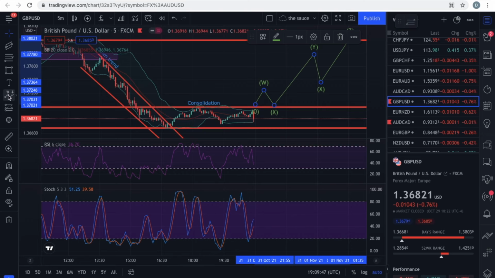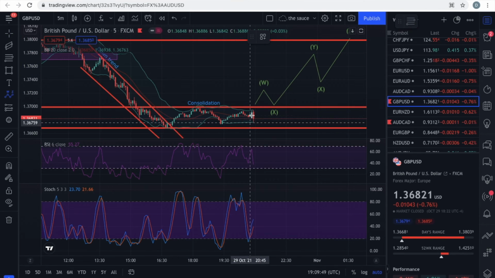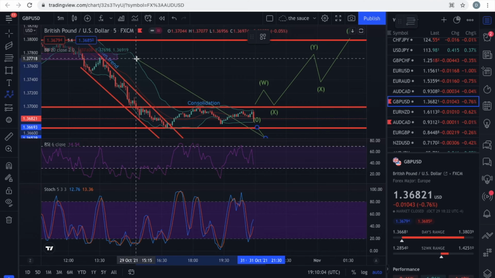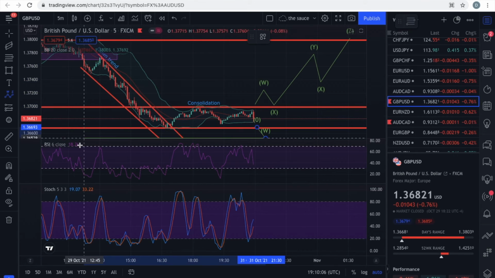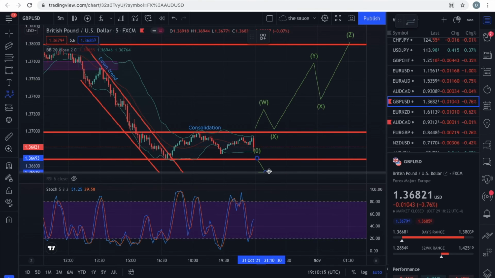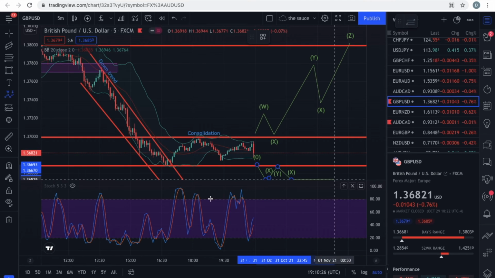Or it can do this. It can come down to here, breaks, excuse me, retest, this thing is giving me a hard time.